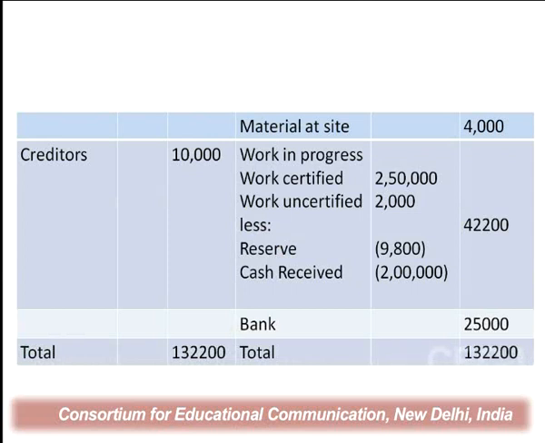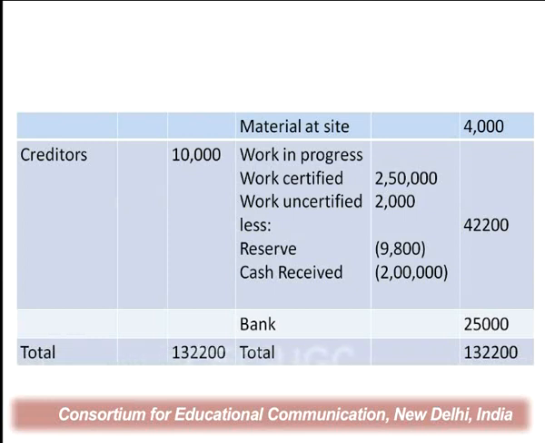which we take to the balance sheet. Work in progress, you have in two forms, work certified. What is work certified? When a contract takes place, the work is under progress. So the contractee appoints an architect, and this architect or engineer certifies to what extent the work has been completed, or what is the value of the work on which payment will be made. So the architect issues a certificate to the contractor that this much work has been completed.